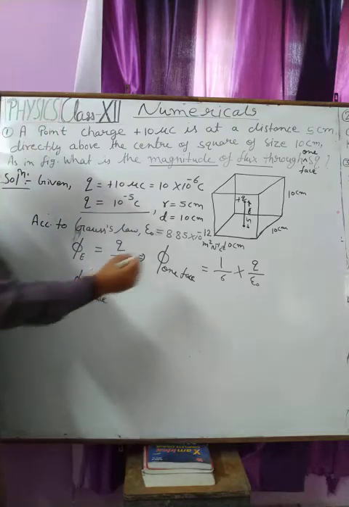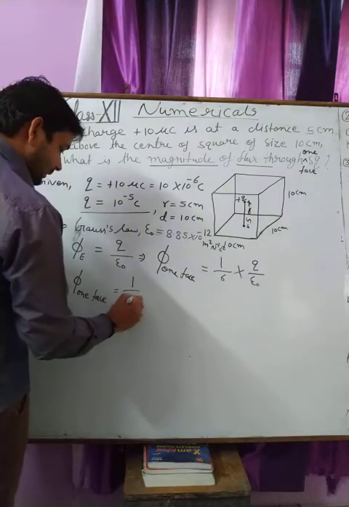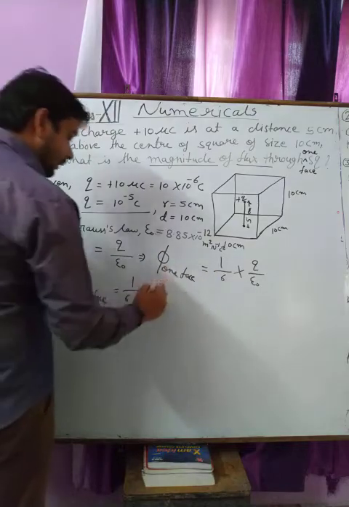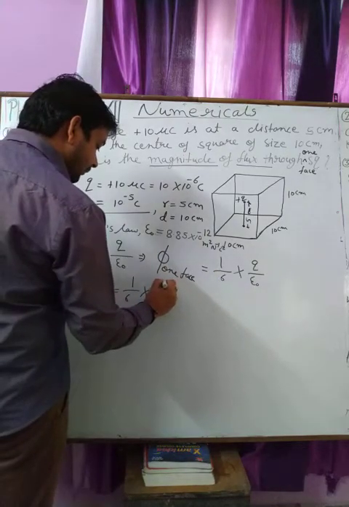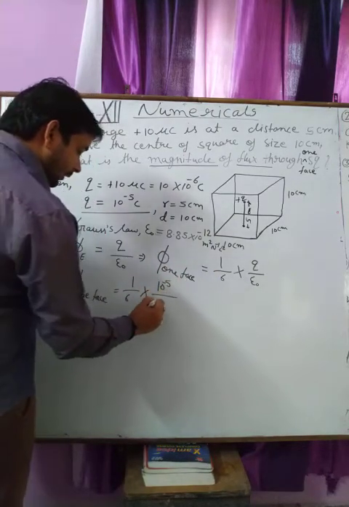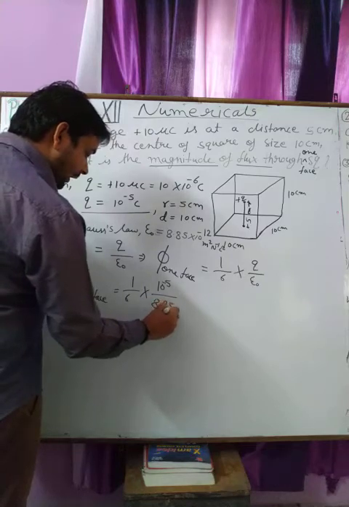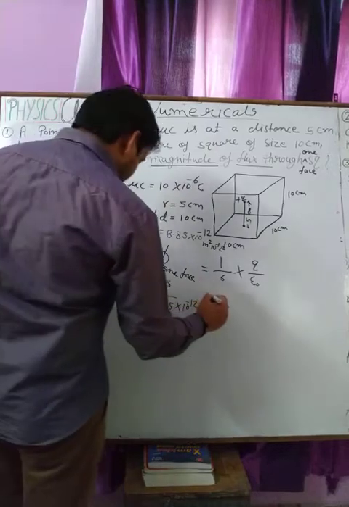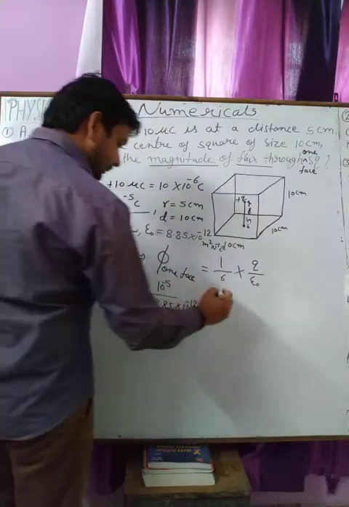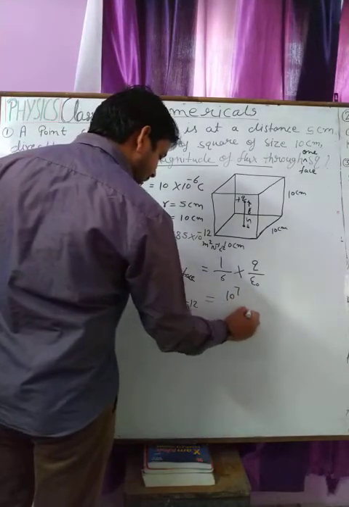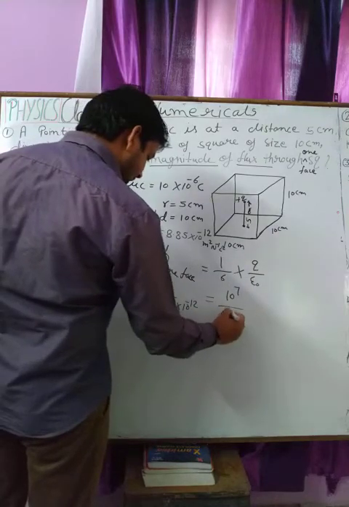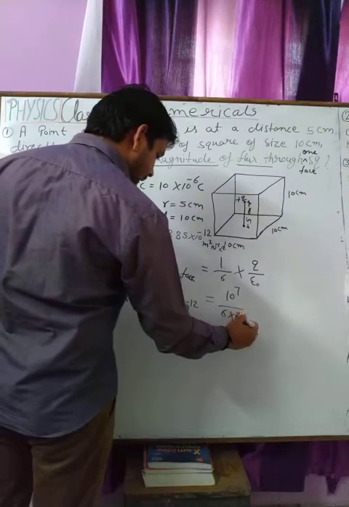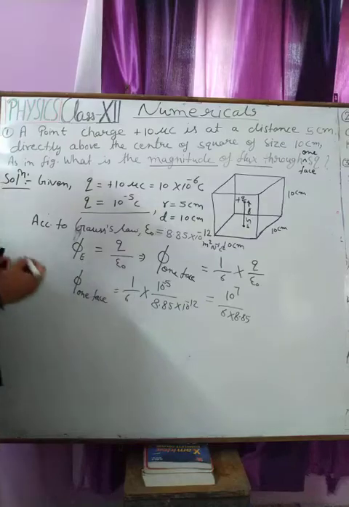is equal to 1 upon 6 into 10 to the power minus 5 upon 8.85 into 10 to the power minus 12. On solving this, we get 10 to the power 7 upon 6 into 8.85. Okay.